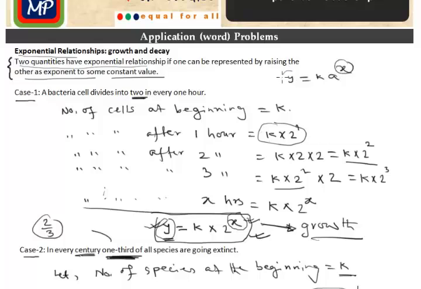So x and y are exponentially related, where y is represented by raising a constant a to the power x. If y increases as x increases, then the relation is exponential growth, and if y decreases as x increases, then the relation is exponential decay.